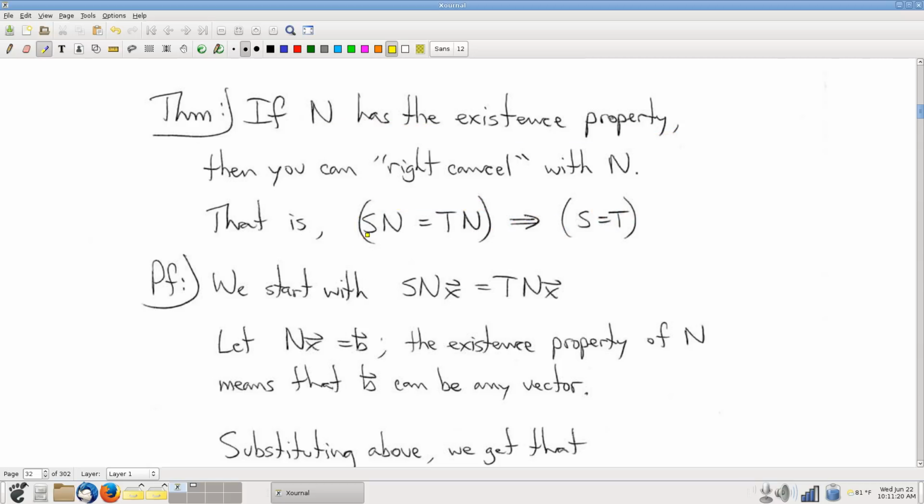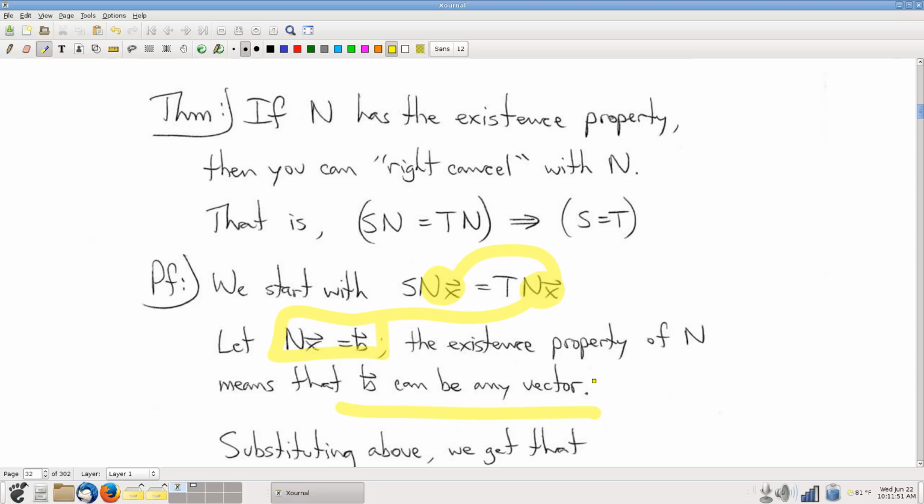Right, okay, well, so starting with this, again, we multiply by an arbitrary vector x on the right. And now let's give this shared factor here, Nx, a name. Let's call it b. And before we move on, let's ask ourselves, what can we say about this vector b? Well, importantly, b could be any vector. b could be anything.